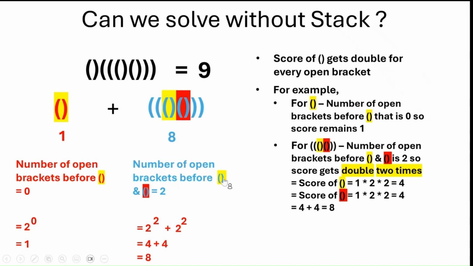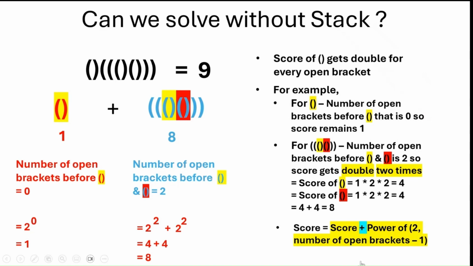This is for this parenthesis and this is for this parenthesis. So 4 plus 4, 8. So you can see we are getting this value using a formula. The formula basically comes down to score equals score plus how much this empty parenthesis is contributing based on the number of open brackets before it.